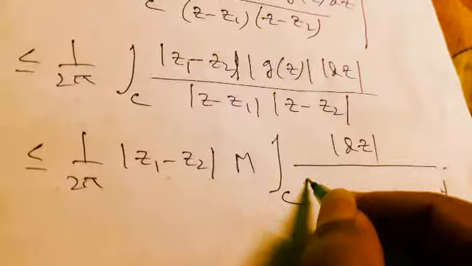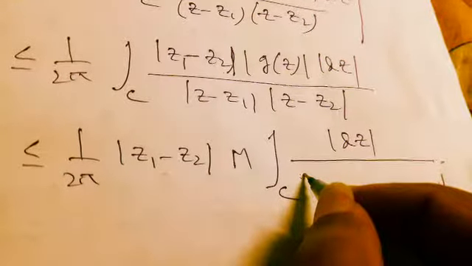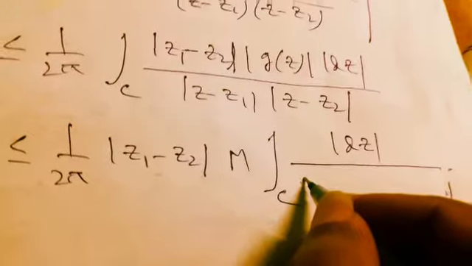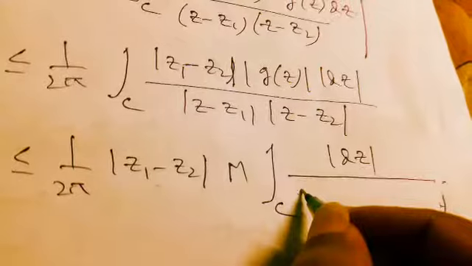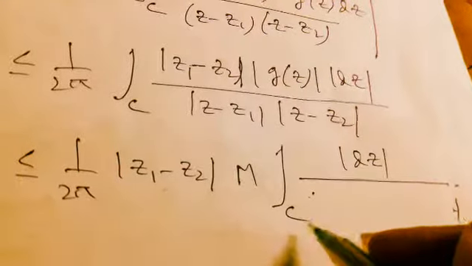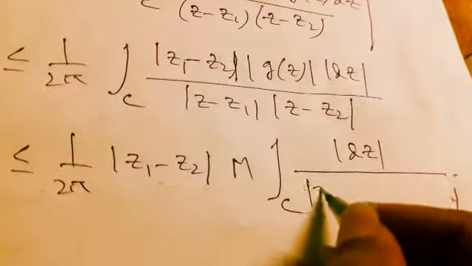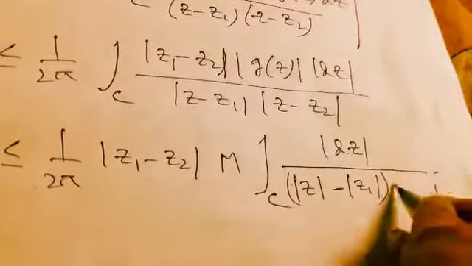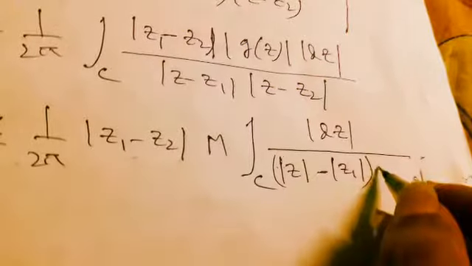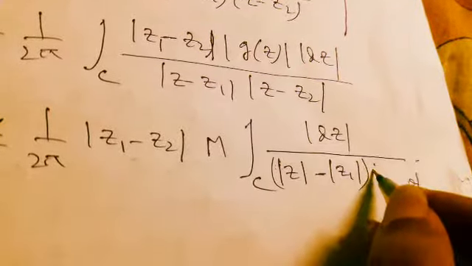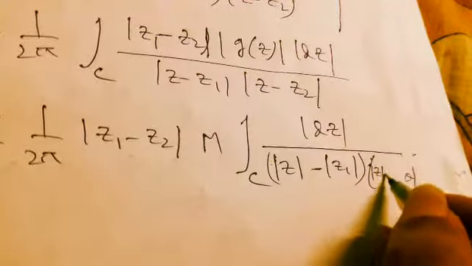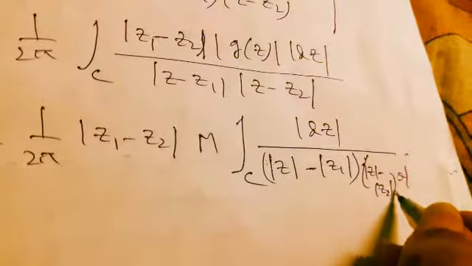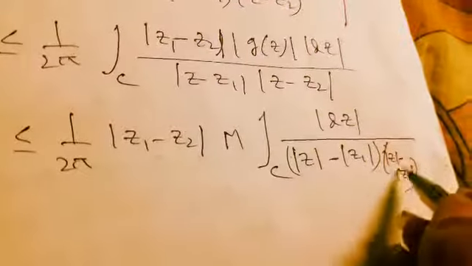and we use the conditions here, that is mod of z minus z1, certainly it will be greater than or equal to mod z minus mod z1, so its reciprocal will be less than 1 by mod z minus mod z1 into mod z minus mod z2. In this way we are using this result.